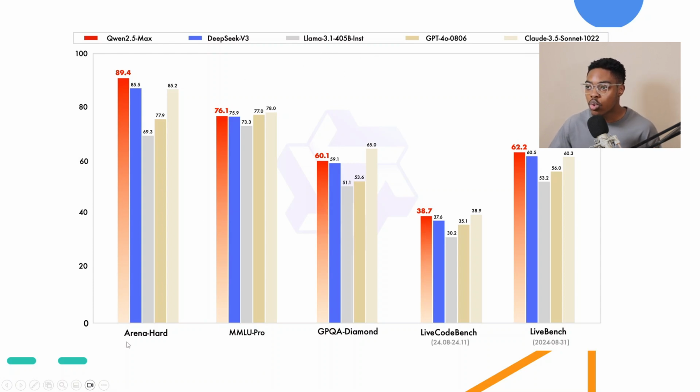Here, as we are looking in the Arena HUD, this is the benchmark that assesses how well the responses align with human preferences. The Max model by Qwen leads in that actually, okay? And here, as you can see, this is for programming, okay? So it's nearly in the lead, yeah, but it loses out on Claude, okay?